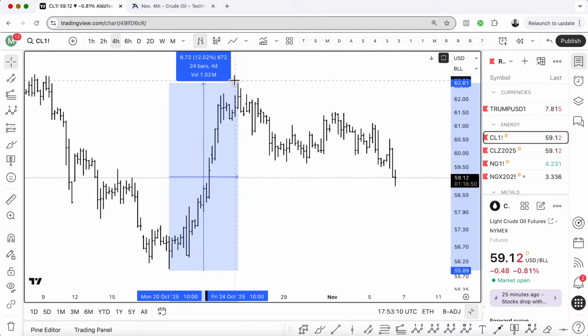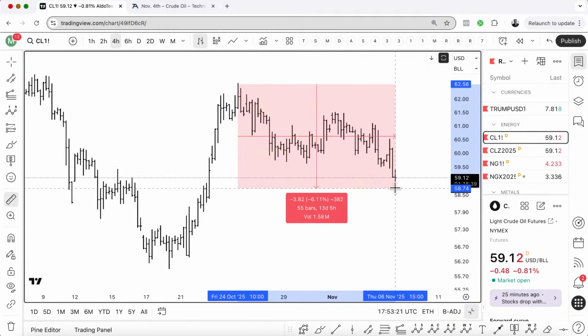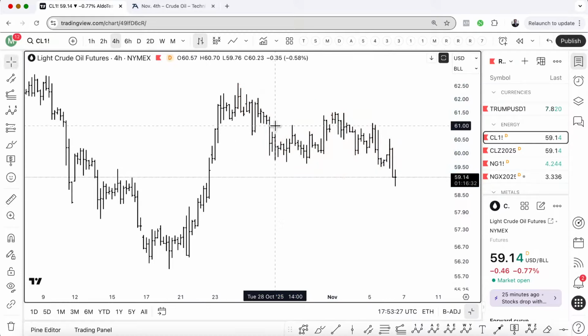Now, let's see how long it has taken to not even go half, right? Let's try. So from here to here, it took 56 bars. And 56 bars to not achieve even half of this move.